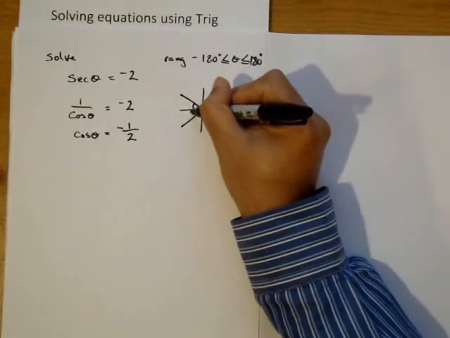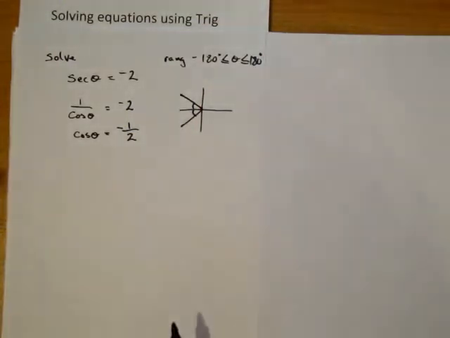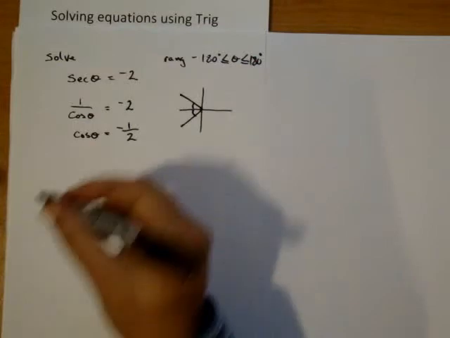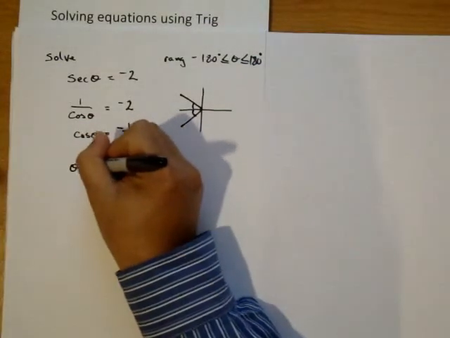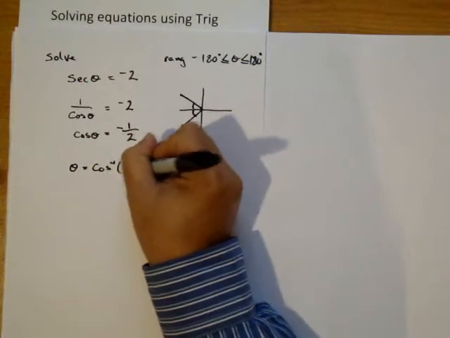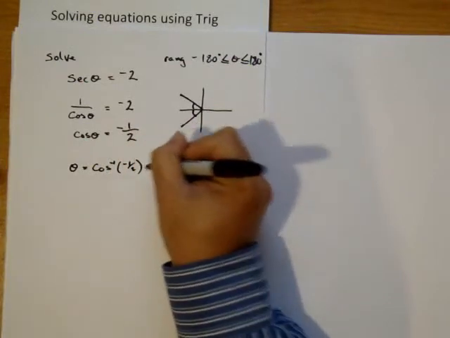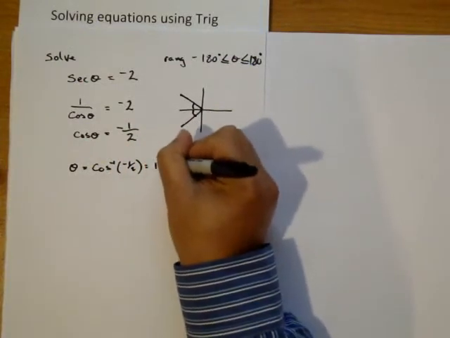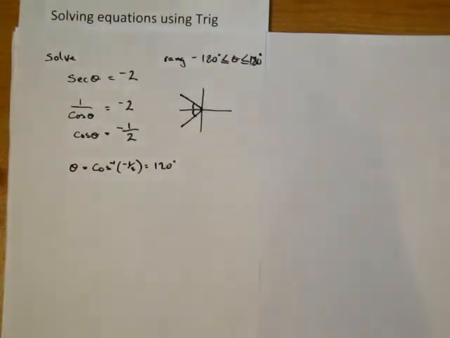But these two angles are the same. So when we get theta, which is cos inverse of minus a half, we get 120 degrees.